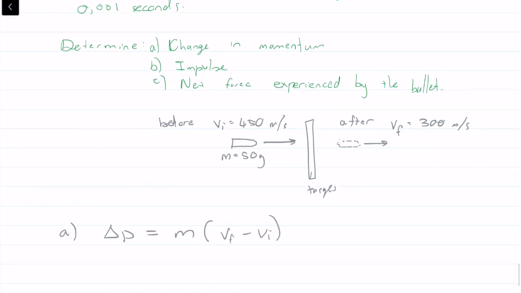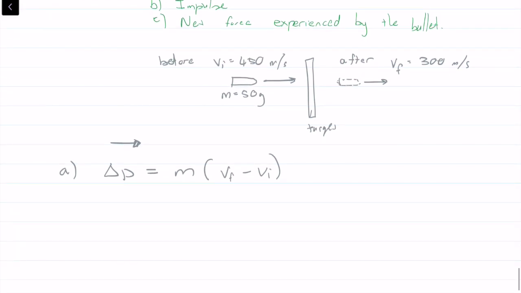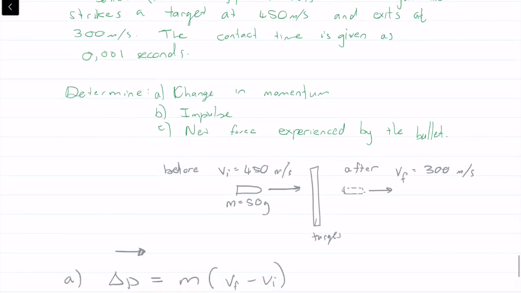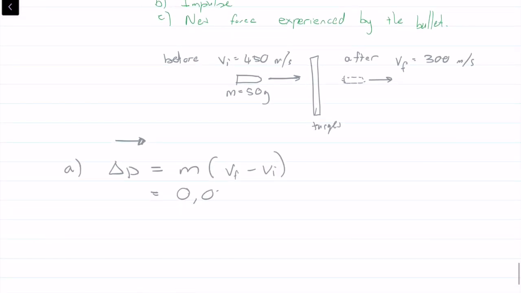Okay, so obviously it makes sense to take right as being our positive direction. So using this we can say our mass is 0.05 kilograms, remember mass is in kilograms, velocity final is equal to 300, and velocity initial is equal to 450. So if we plug this into our calculator, we get a value of minus 7.5 units of kilograms meters per second.